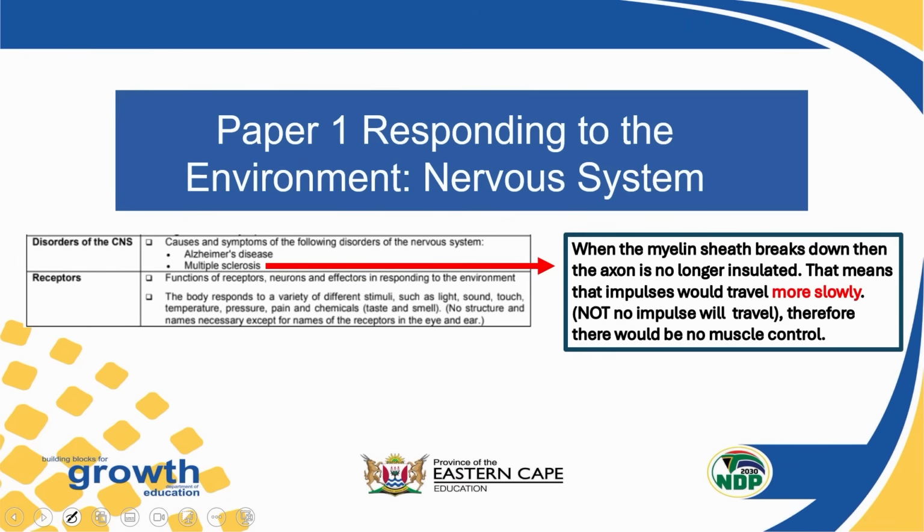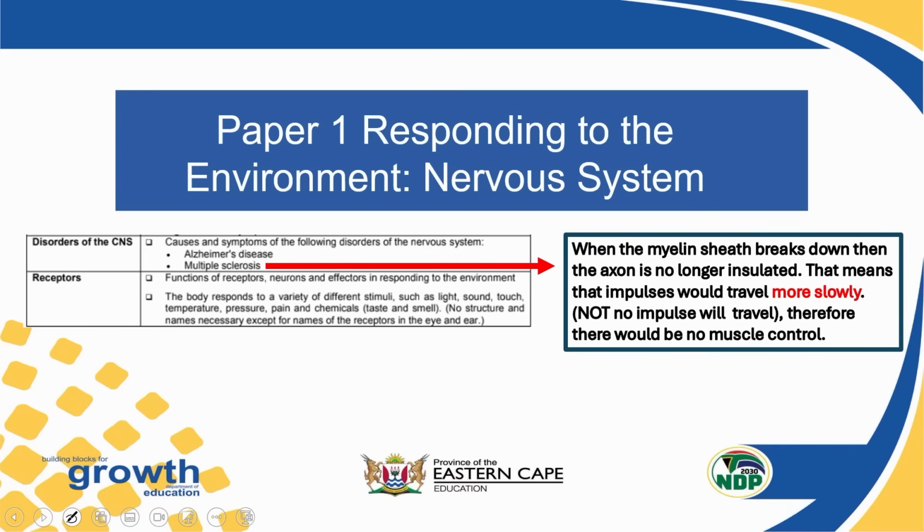Then also, we have to learn the diseases of the nervous system. Now, multiple sclerosis is one of those diseases. And in multiple sclerosis, the myelin sheath breaks down. Many learners know this answer, so you know that the myelin sheath is what's breaking down for multiple sclerosis.